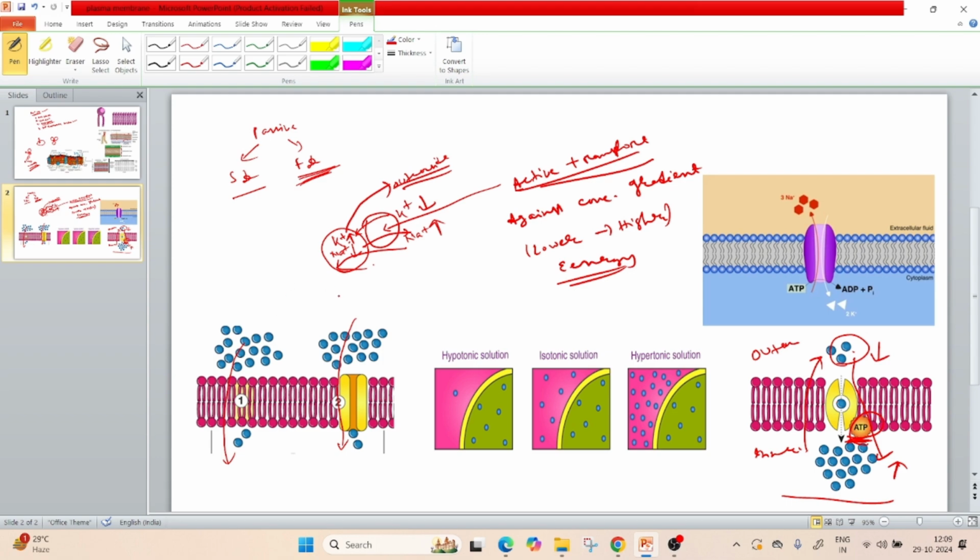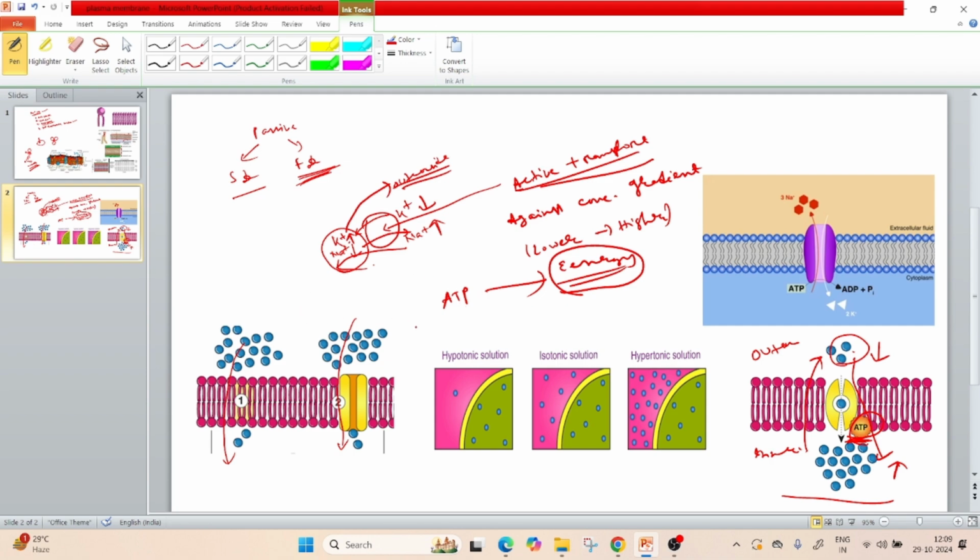Don't confuse between the energy and the ATP. That means if it asks whether in the active transport the energy is needed or ATP is needed, always mention that the energy is needed. Why? Because ATP is one of the types of energy. That means we use ATP as a form of energy.